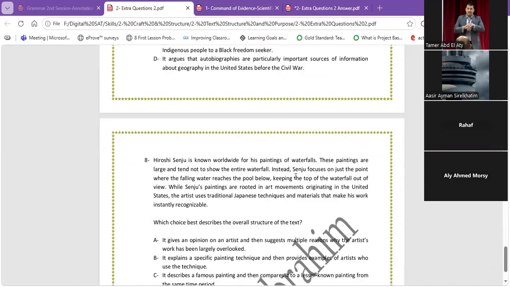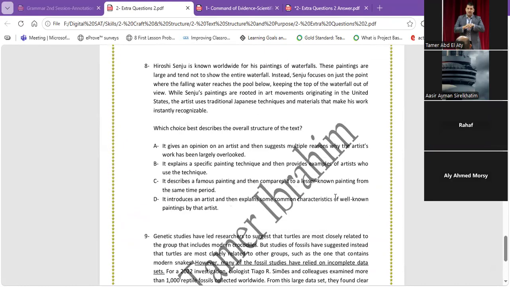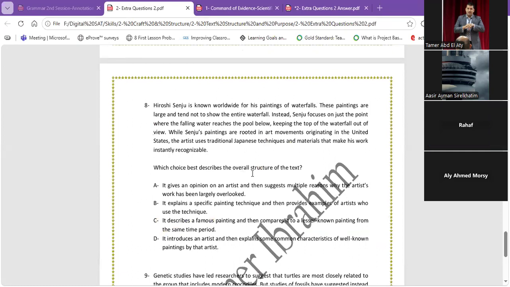Number 8. The last question. No, we have 2 questions. Number 8, the overall structure.